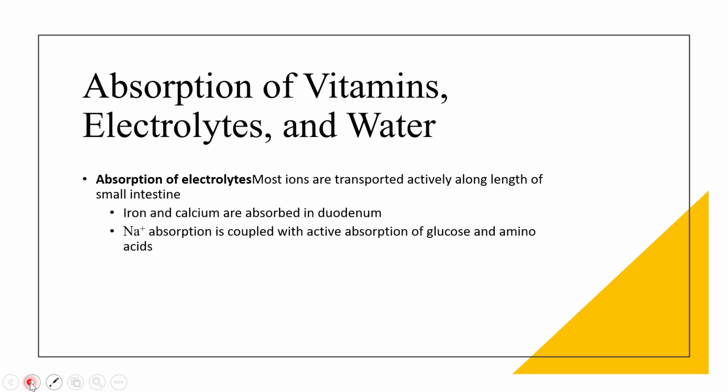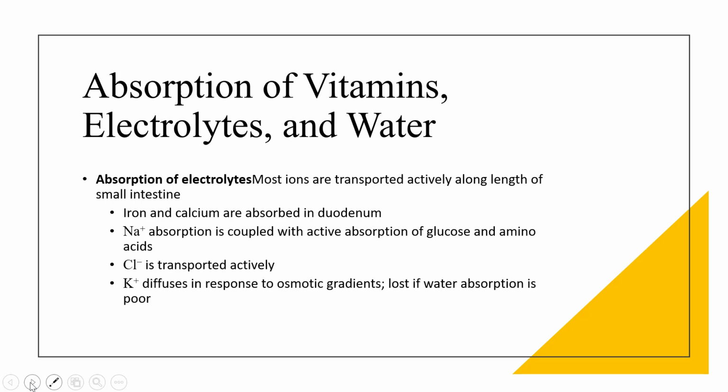So there is a co-transport there. Then chloride is transported actively. Your potassium diffuses in response to osmotic gradients and is lost if water absorption is very poor. And usually the amount in the intestine is pretty much the amount that is absorbed.